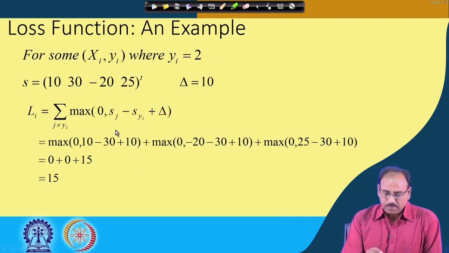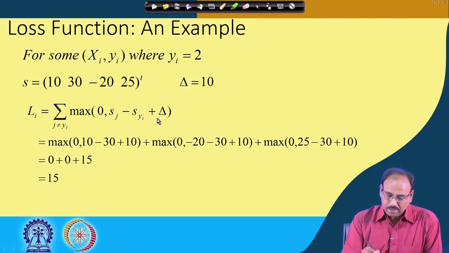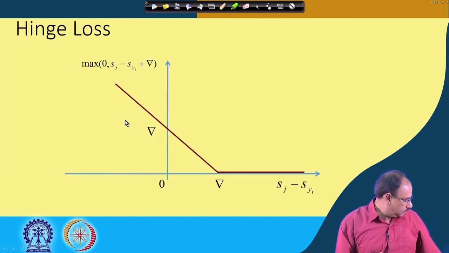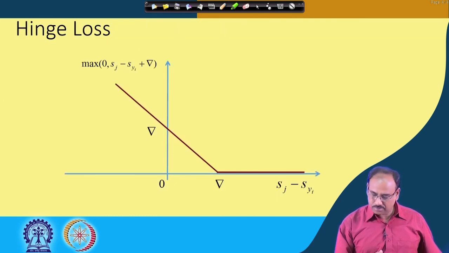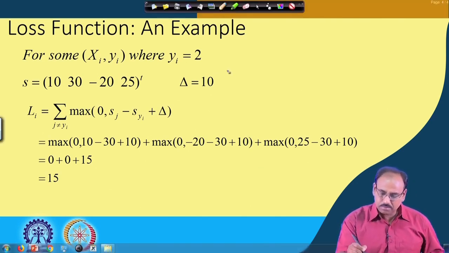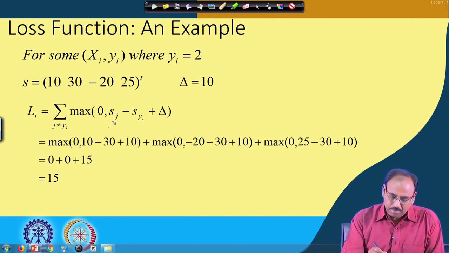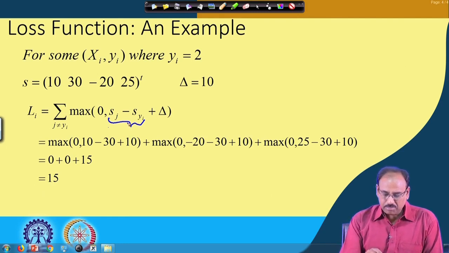as long as this component s_j minus s_yi is positive, my score function will be equal to 0 only when this term s_j minus s_yi is less than delta; my output will be 0.